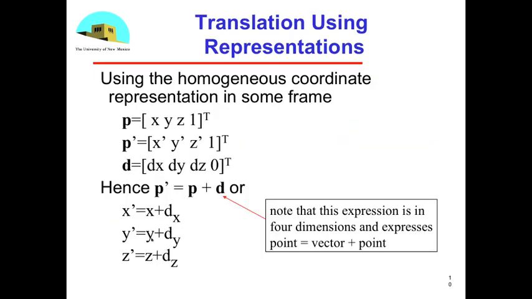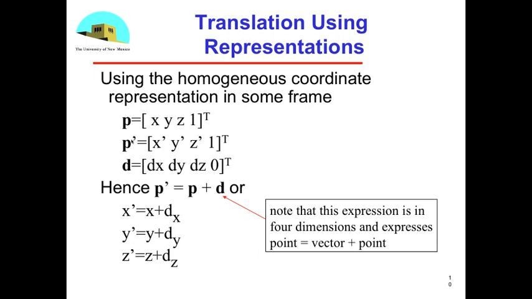and when we do it using representations, I get these 3 equations. Now the problem is this says, as we just saw, that you get a new point by adding a point plus a vector. The problem with that is it doesn't work with the other operations. So I want a matrix way of doing it: given p, I want to multiply by some matrix based on d that's going to give me the new point p prime.